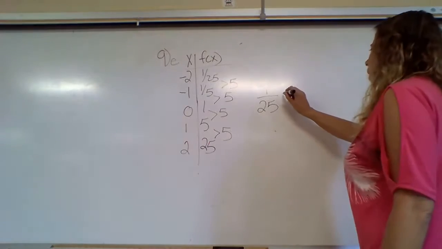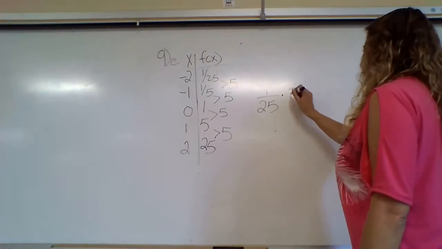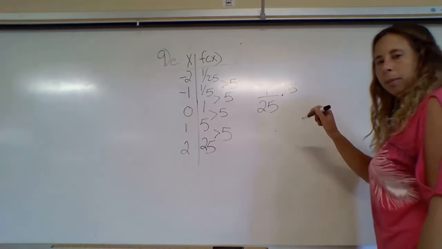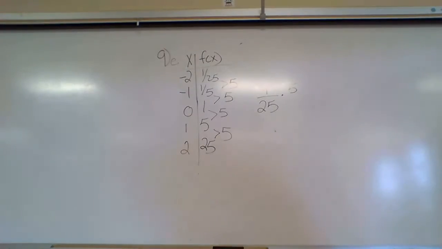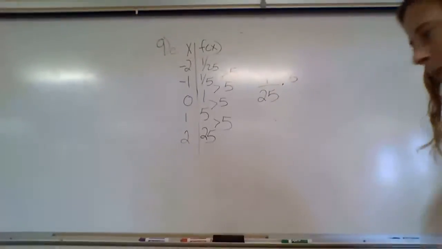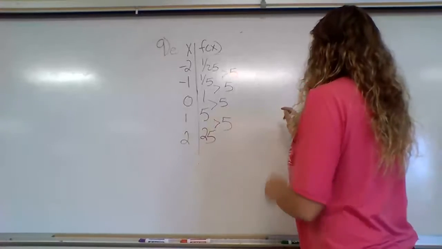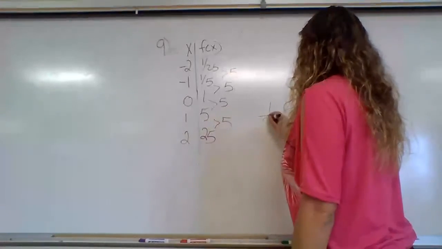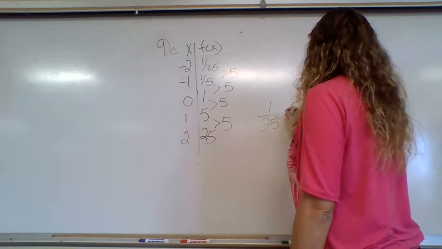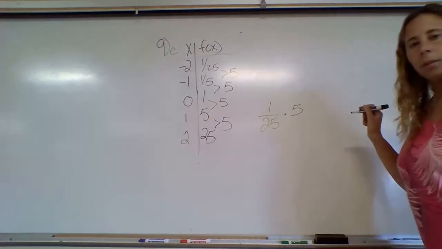1/25th, and we're going to multiply it by 5. Let me write it a little bit lower. 1/25th times 5. There we go.